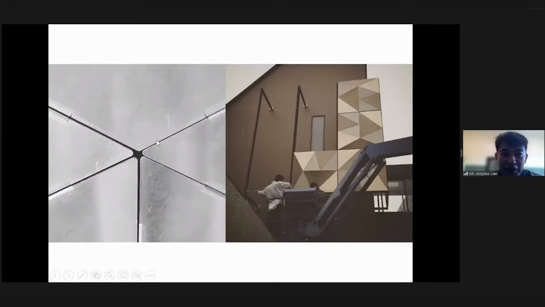Okay, we make use of the same detailing that I have learned from the Future of Us project to ensure that these corners will not clash, especially during installation.